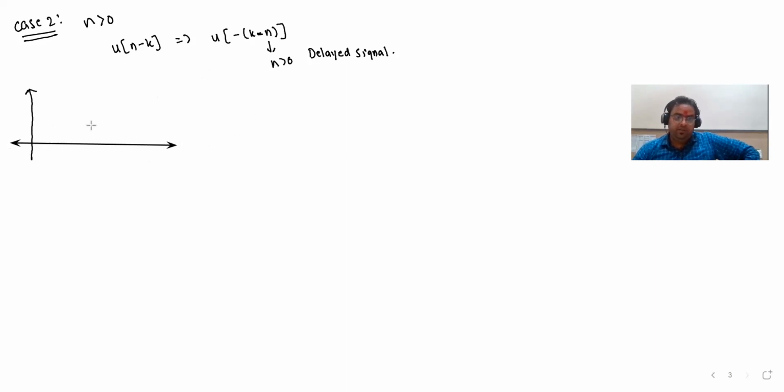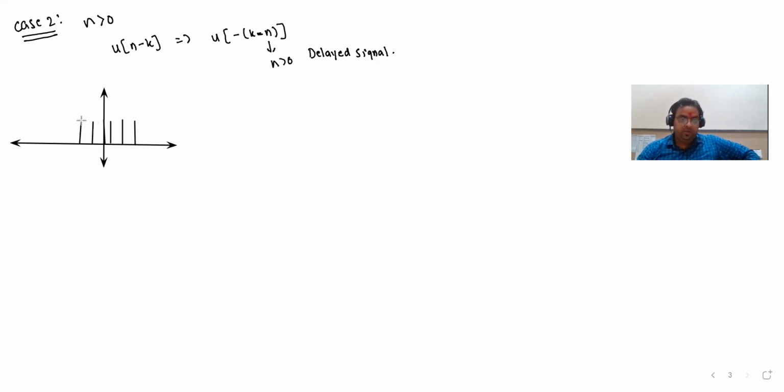this is our u of n minus k, and u of n minus k is going to look like something like, since n is having a positive value, so we'll have this kind of, just forgive me for this unequal spacing.